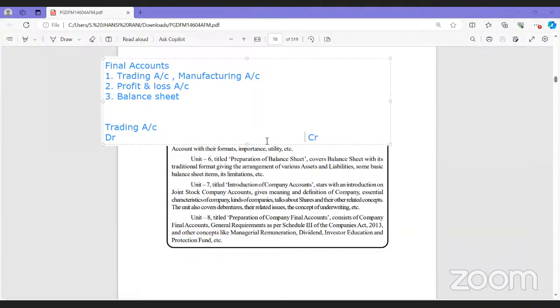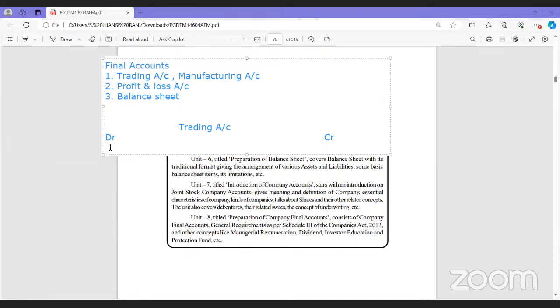As you know, date, column, particulars, all this will be written in. Now, what will we write on the debit side and what will we write on the credit side? We are preparing the first one, that is trading account.